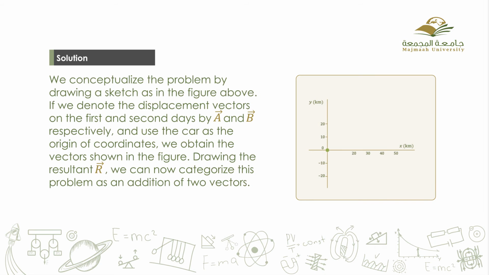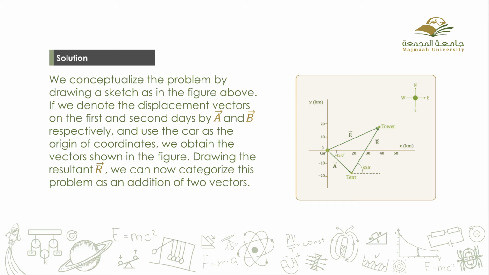The second vector we will denote as vector P, and the first vector as vector A. The second vector will be 40 in the direction of northeast.